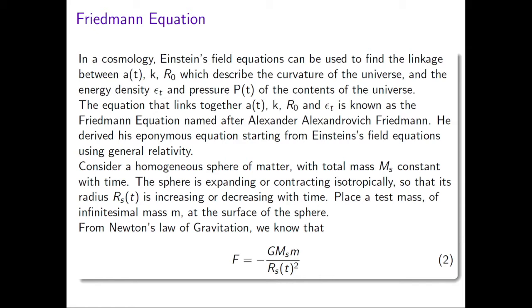So the equation that relates the time-dependent scale factor, the curvature factor, the radius of curvature of the curved universe, and the energy density is known as the Friedman equation, named after Alexander Alexandrovich Friedman.